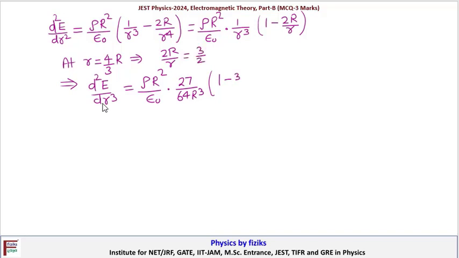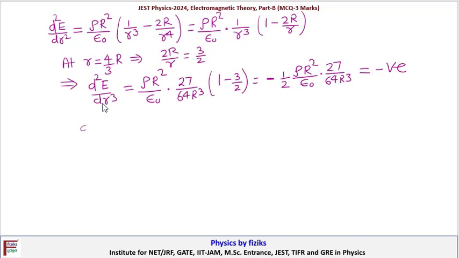So we can write this as 1 minus 3 by 2, that will be minus 1 by 2. So this becomes minus 1 by 2 rho R square by epsilon naught times 27 by 64 R cube. So overall this value is negative.